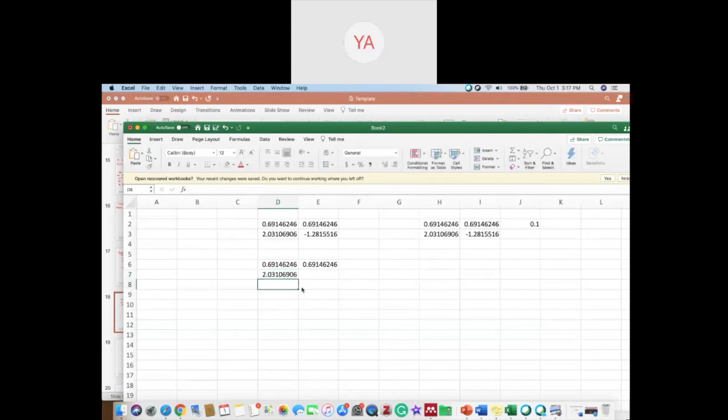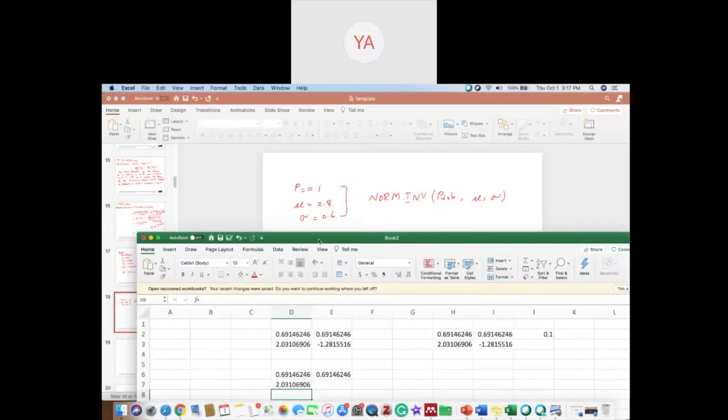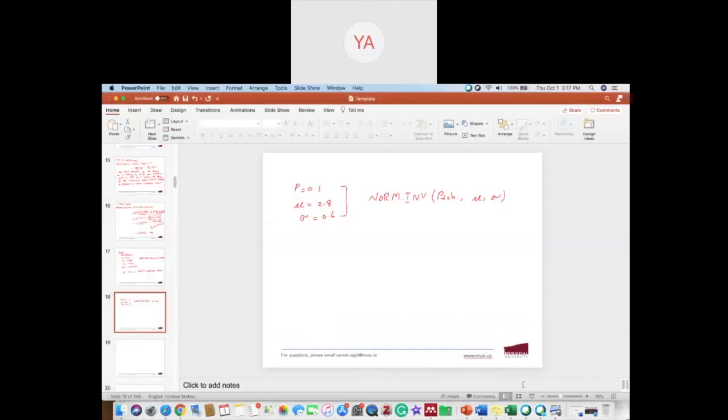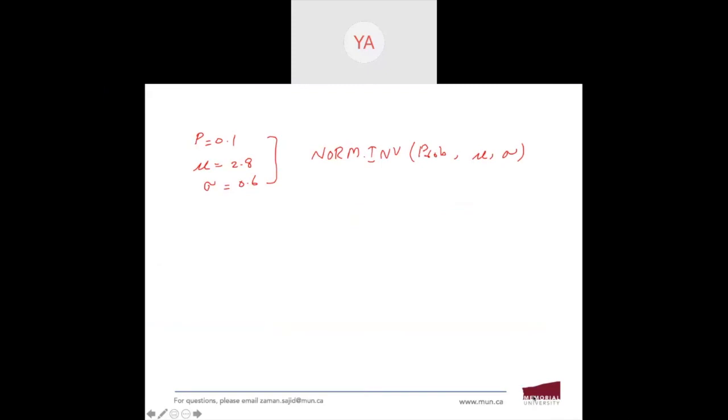This was the value that we were interested in for the X. This is the value for your X that we will find out finally. I mean, it was T actually, basically, 2.031.